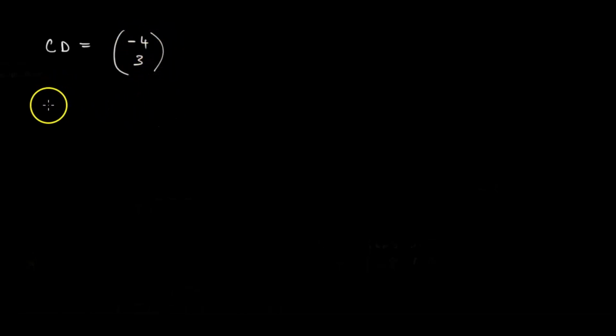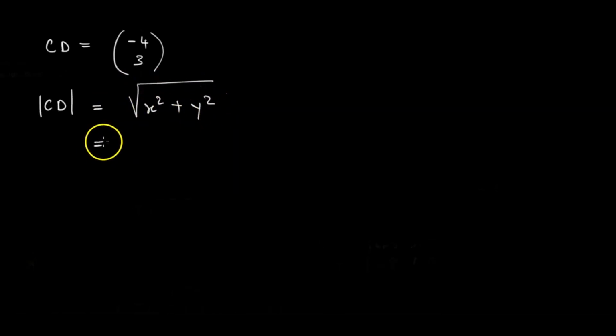And if we want to find the size magnitude of CD, this is equal to the square root of x squared plus y squared. This is equal to, what is x? X is equal to minus 4. Panapa tichati minus 4 squared. Plus, what is y?